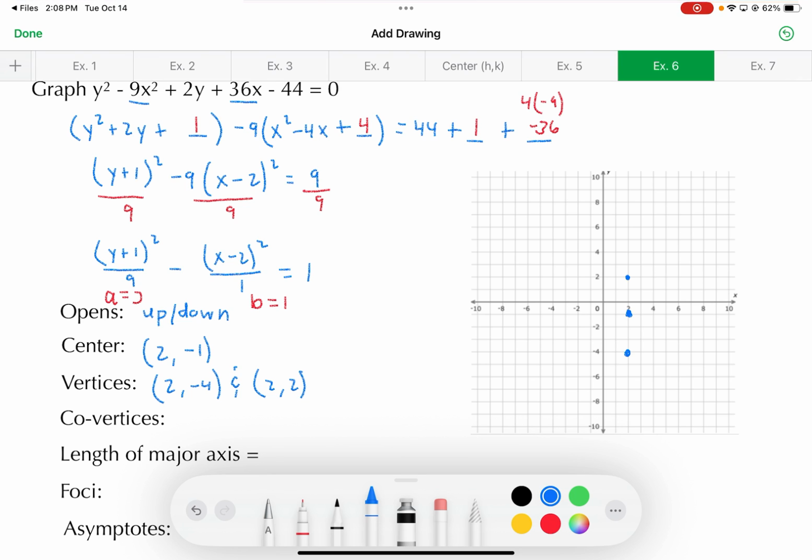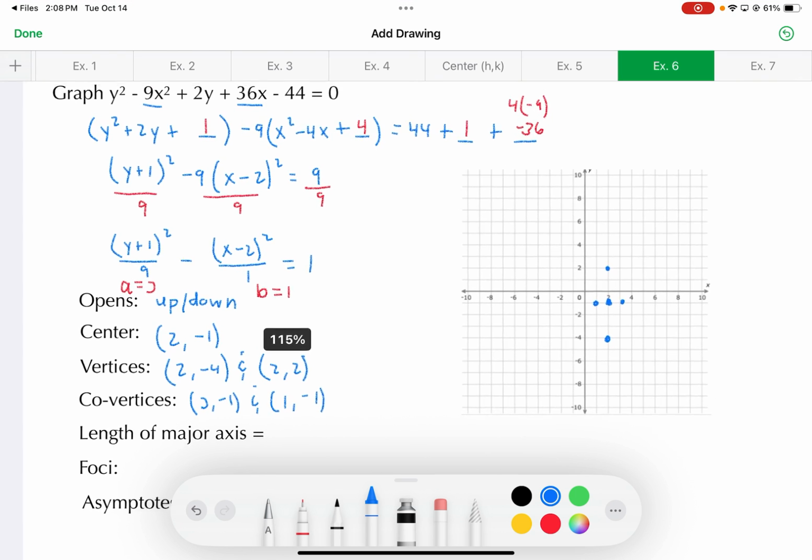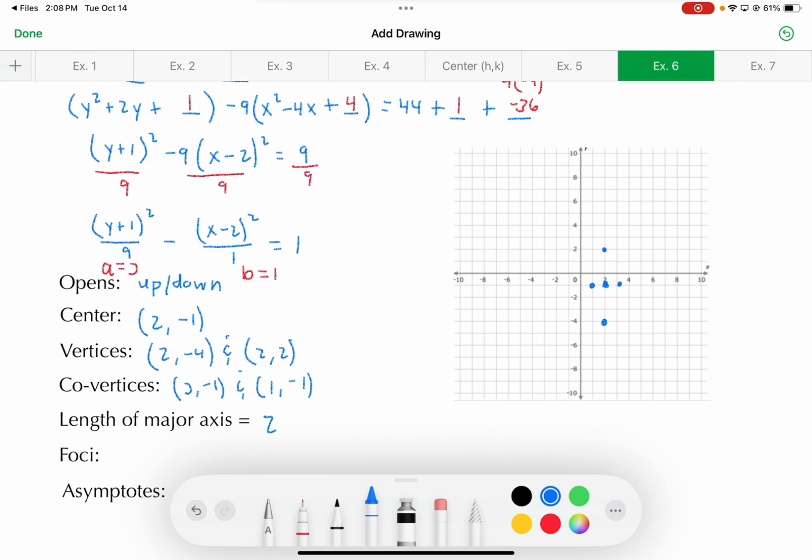So we just have to go 1 right and 1 left of the center. So that's going to place me at 3, -1, and 1, -1. Length of the major axis, 2 times 3, or 6 units.